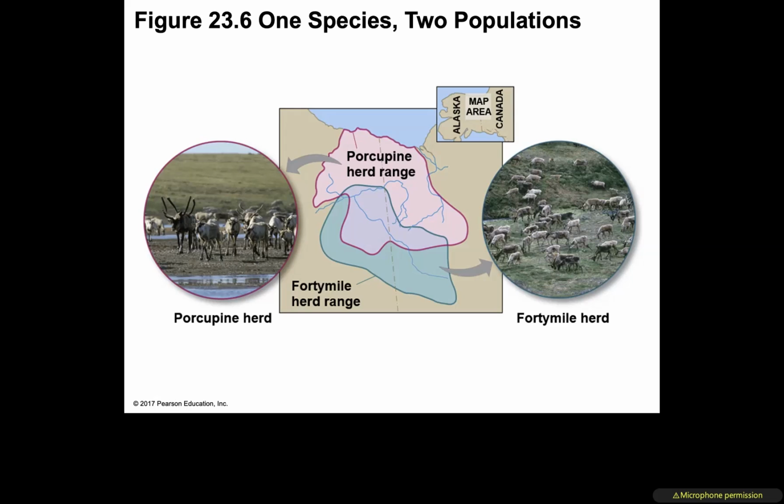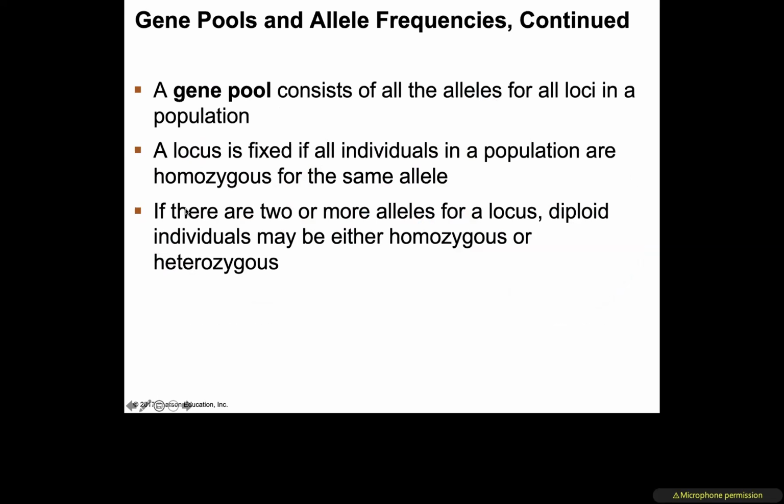That's homozygous, specifically homozygous dominant. Or they could be heterozygous, meaning, I don't know, this guy right here, he doesn't look like he's all that fuzzy. He looks kind of fuzzy. Maybe I'll say he's heterozygous, meaning that maybe his dad gave him an allele for fuzzy antlers, but his mom gave him an allele for smooth antlers. Okay, so with that, that is what it means to be heterozygous.